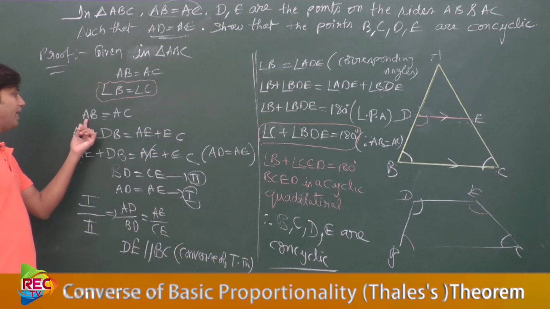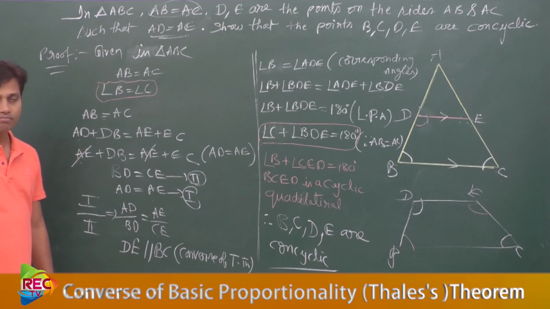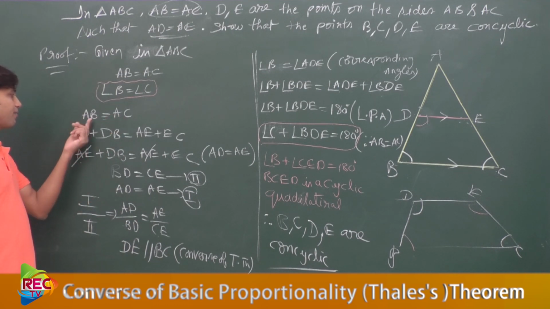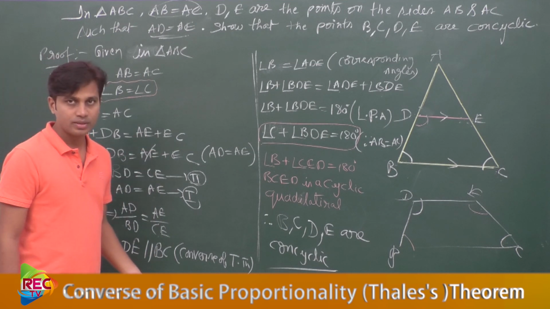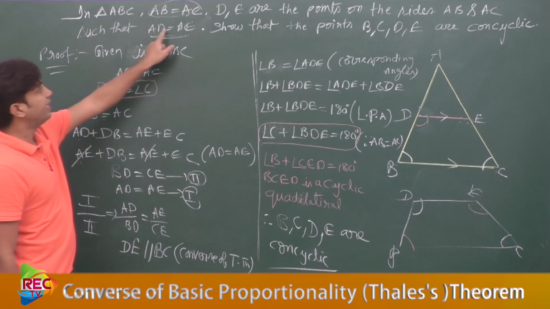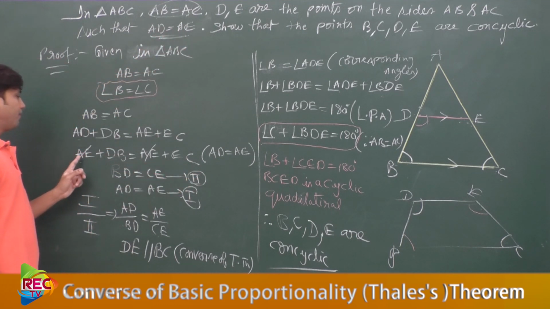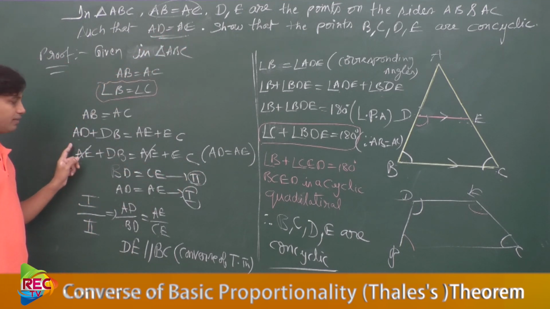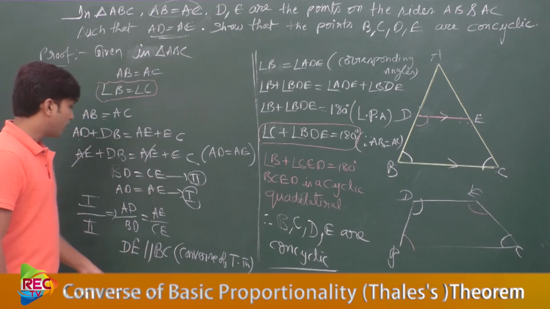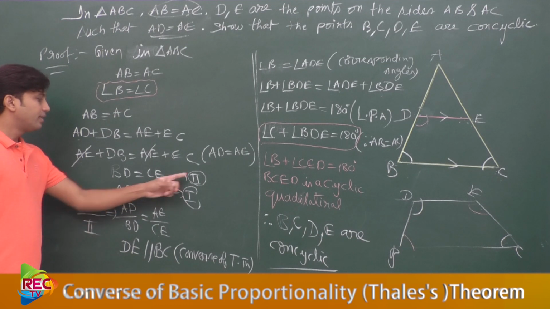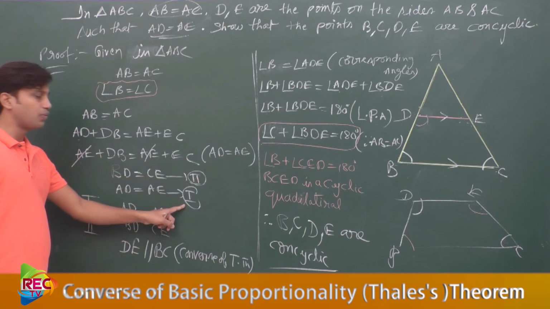Now the next part would be AB equal to AC. If we split AB to AD plus DB and AC equal to AE plus EC, since we said that AD equal to AE, we put AD equal to AE here and we cancel AE on both sides and we obtained BD equal to EC. When we got BD equal to EC, this will be condition 2 and the given condition is 1.